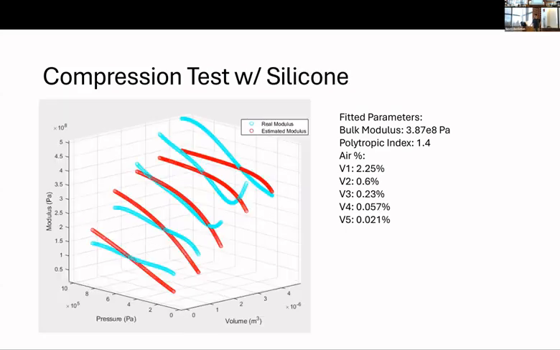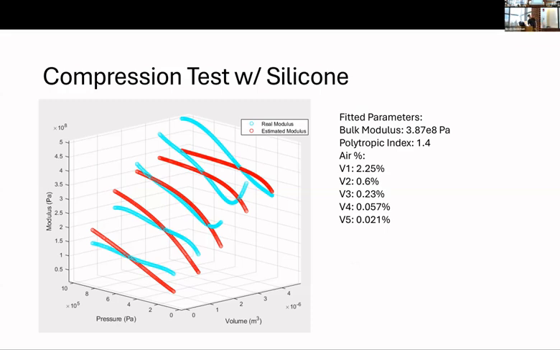As a comparison, we did the same compression test with just part A of a two-part silicone, and the fit is bad. But the air percentages are reasonable, and the bulk modulus is reasonable-ish.